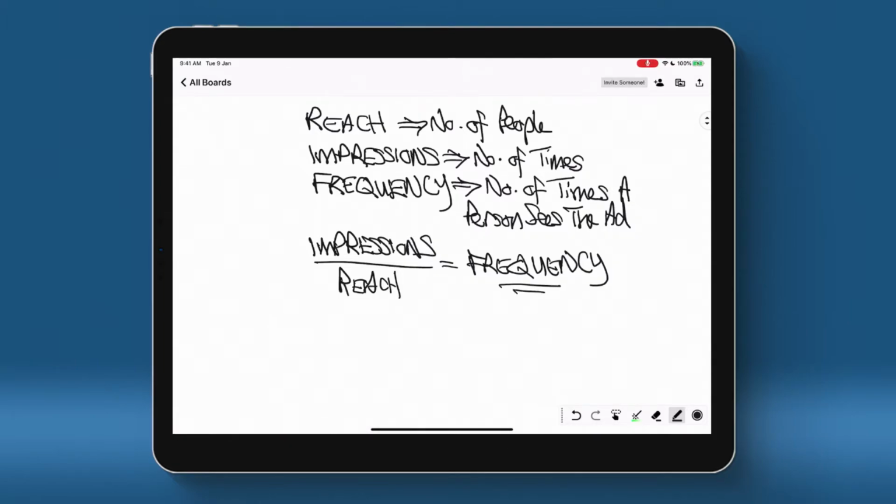So impressions can equal reach. In that situation, frequency is 1. In more realistic cases, impressions should exceed reach, and in this case, frequency is more than 1.0. Let's move on.